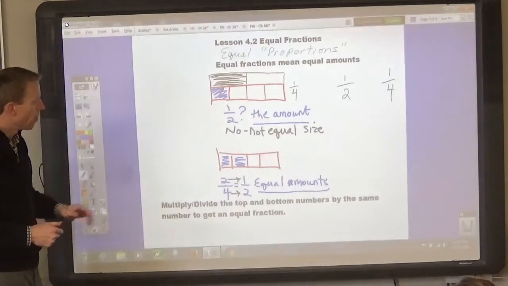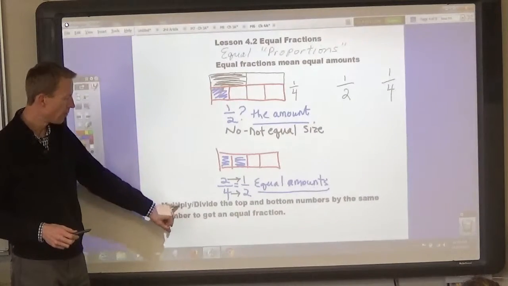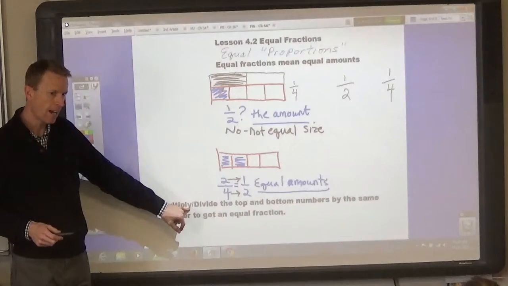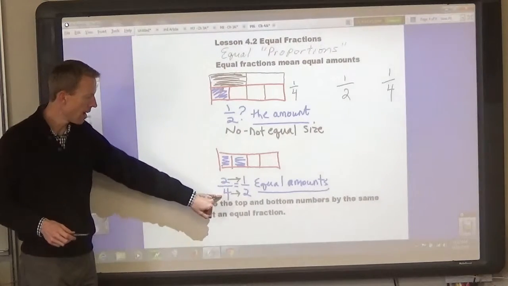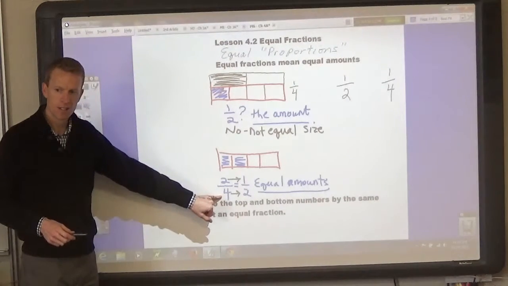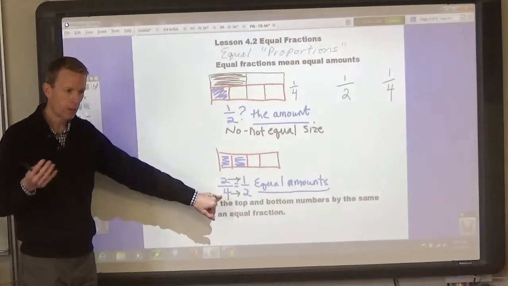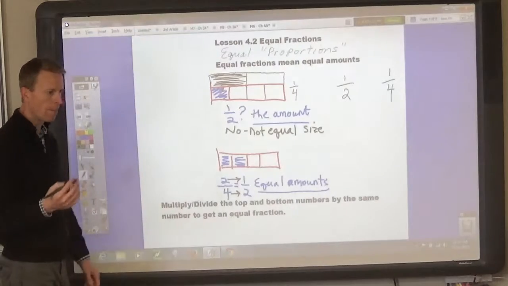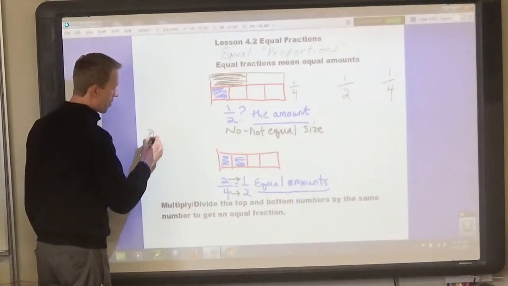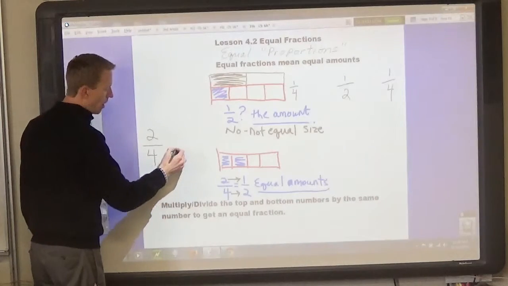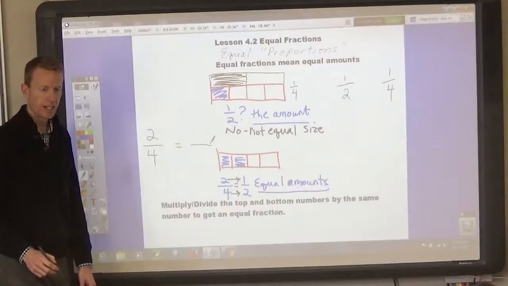Now, in order to get an equal fraction, somebody said we have to multiply or divide both the numerator and the denominator by the same number, right? If we're looking for an equal fraction, an equal amount, if we have 2/4, what can we divide by to get an equal fraction?